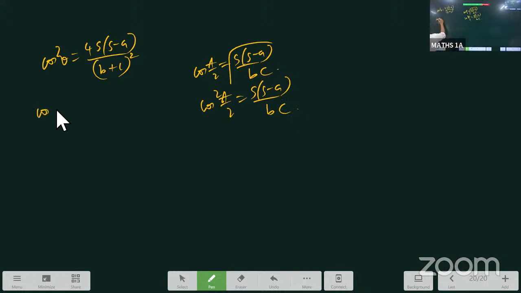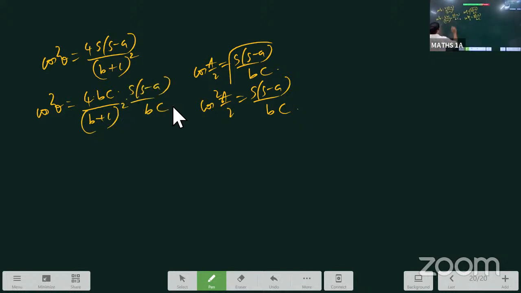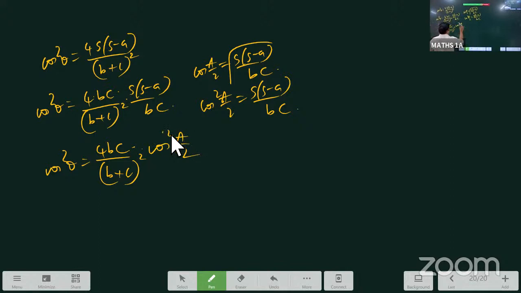So cos square theta is equal to 4, multiplying and dividing with bc, by b plus c whole square and s into s minus a by bc. Is it clear? Now cos square theta equal to 4 bc by b plus c whole square, and s into s minus a by bc I will write as cos square A by 2.